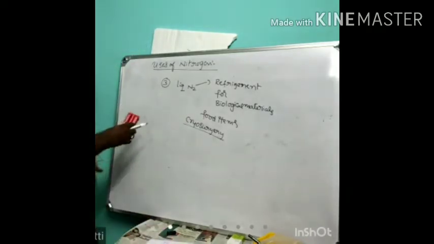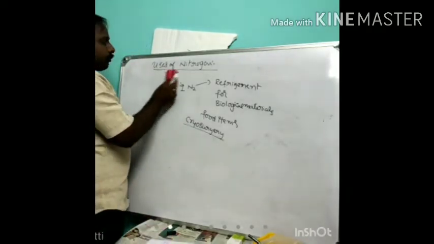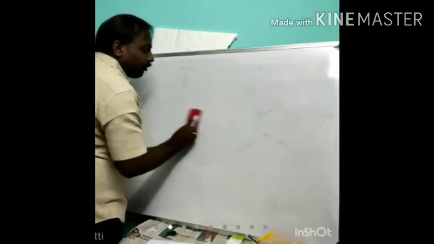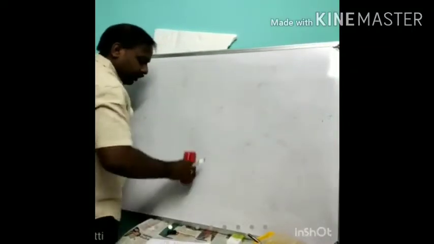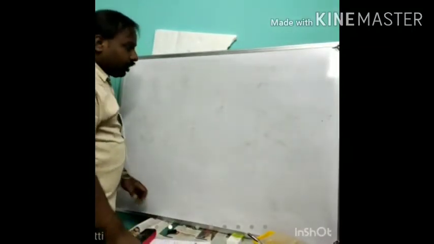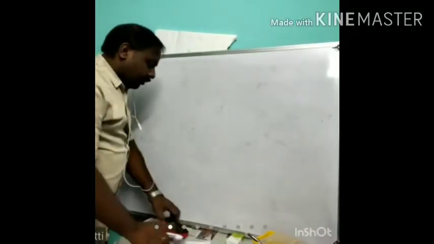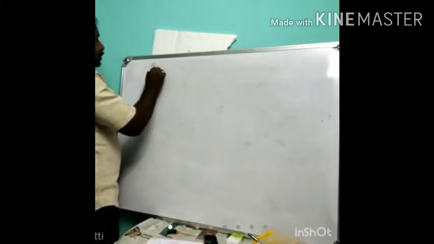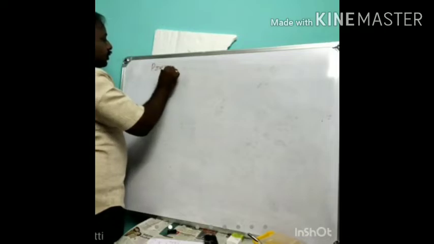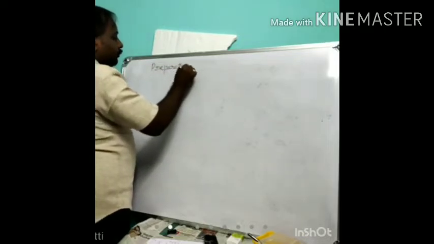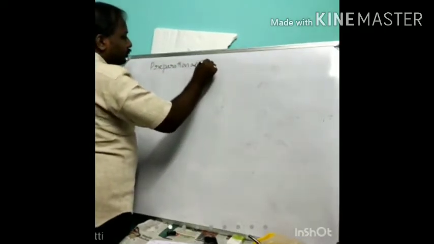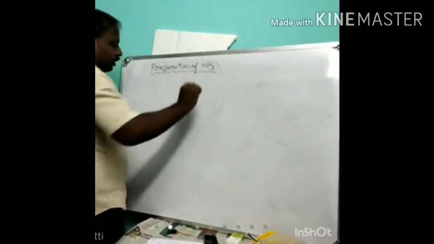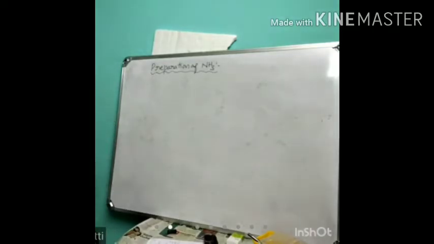So liquid nitrogen is used as a refrigerant for preservation of biological materials, food items, and cryosurgery. That is about nitrogen: its preparation, physical properties, and uses. Next topic is preparation of ammonia. How is ammonia prepared?